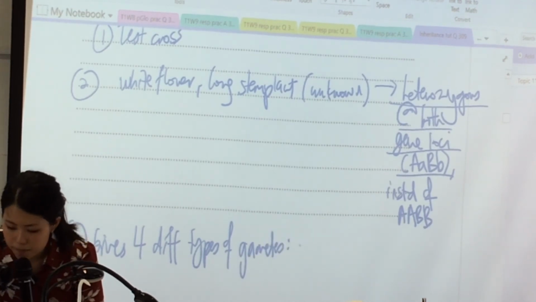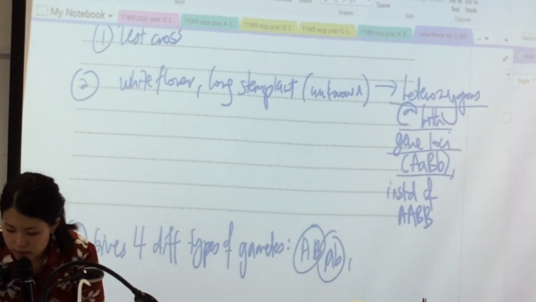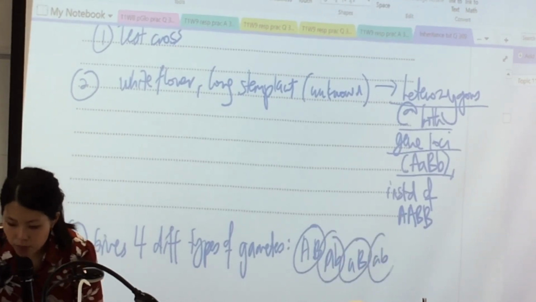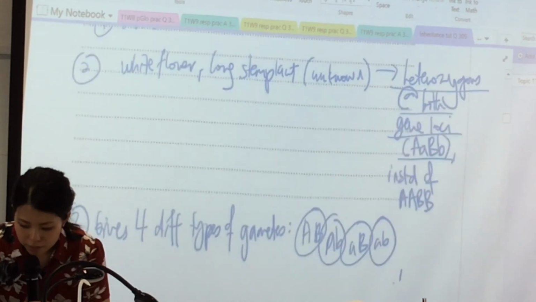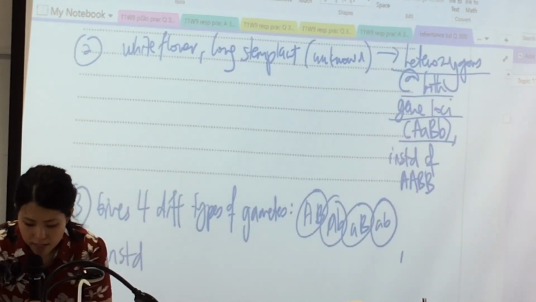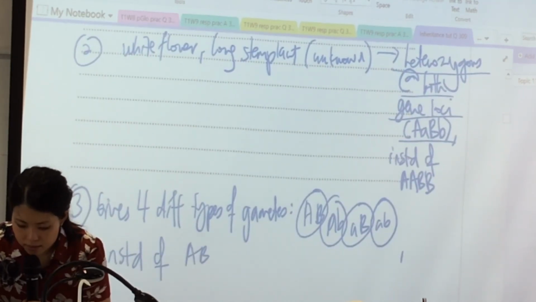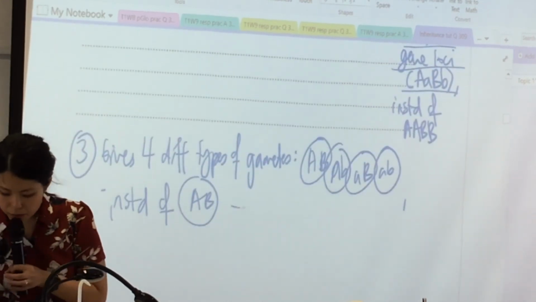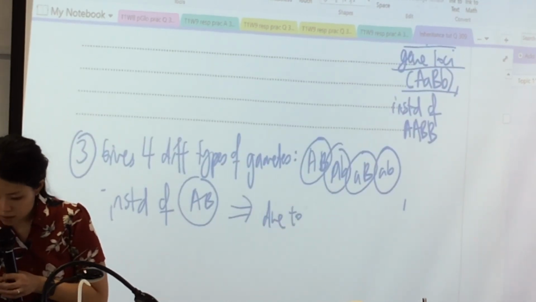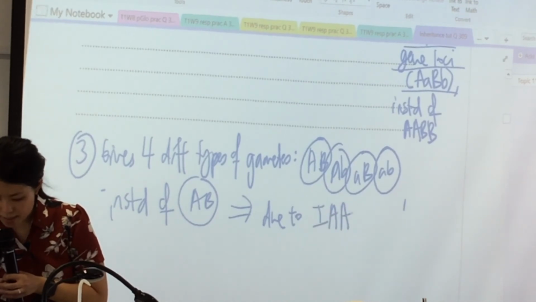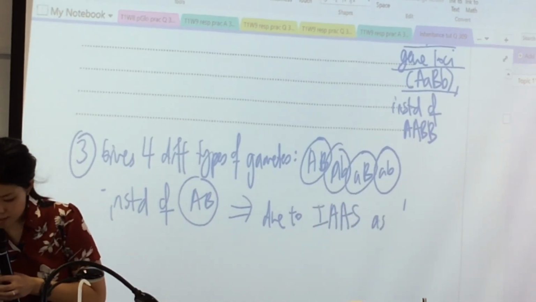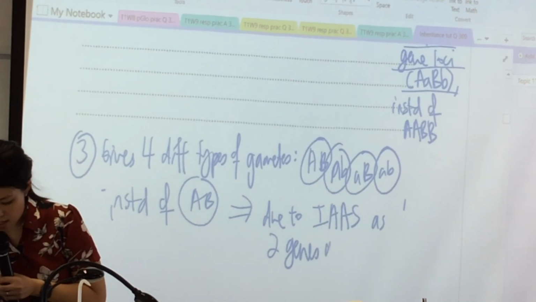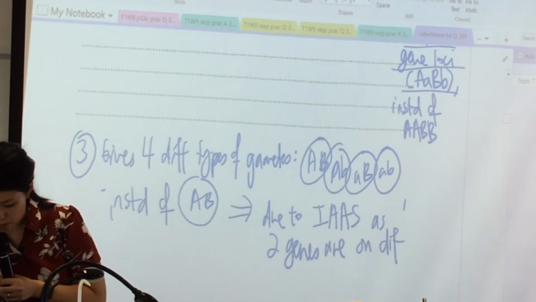If you want, you can draw this out. Instead, if it's the other parent, it is just this. This is due to the law of independent assortment and segregation, as the 2 genes are on different chromosomes.